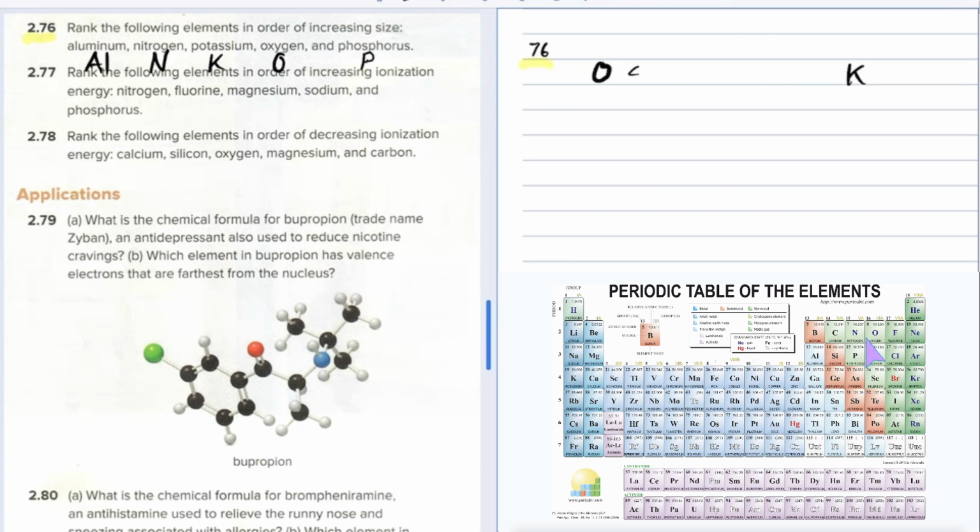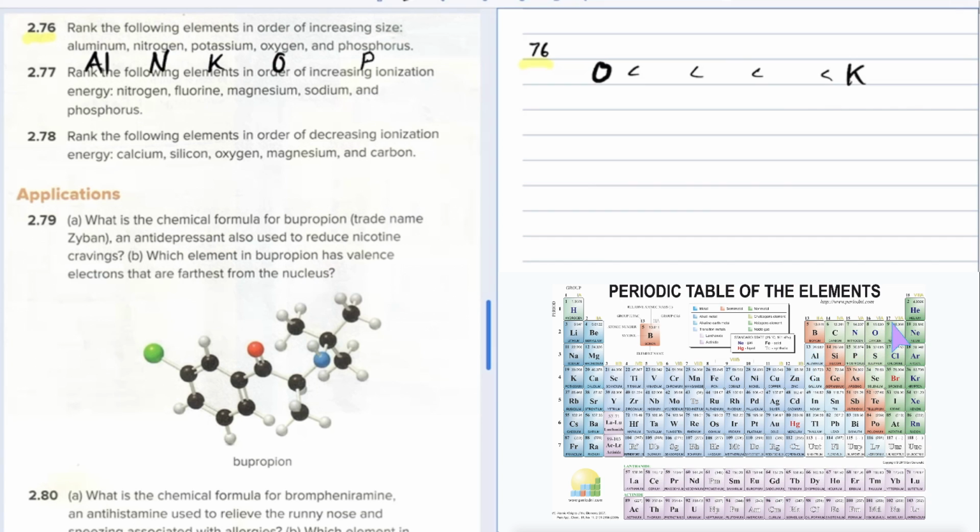And then, where do the other ones go? You see, I'll put in the less than sign. So oxygen is less than what? So what's next closest to the small corner? So you had nitrogen, phosphorus, aluminum.